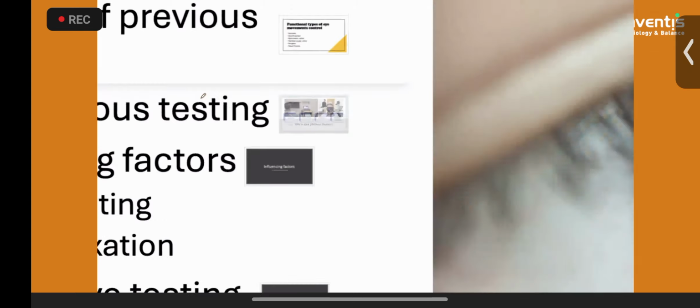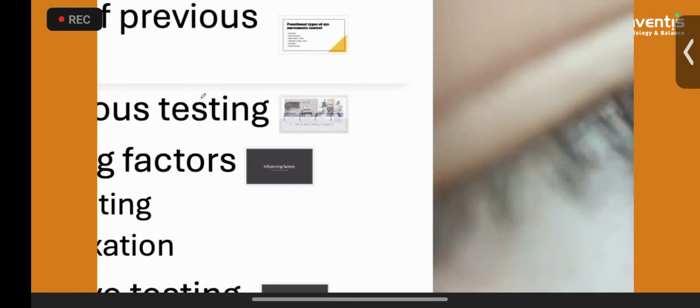So let us dive into the nystagmus. Before going into the nystagmus, I have just shown two pictures, where you can see the videonystagmography goggle. When the visor is open, we are testing with fixation.